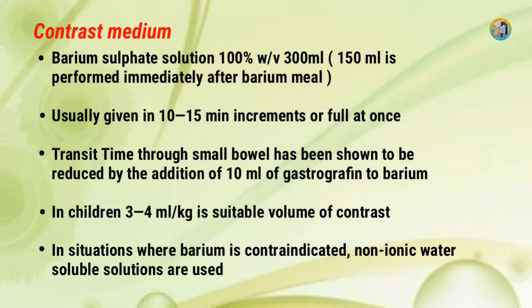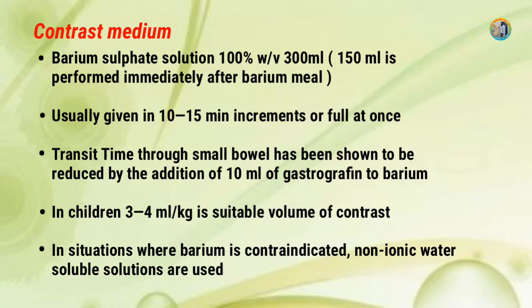Contrast medium: barium sulfate solution, 100% water volume in 300 ml, or 150 ml if performed immediately after a barium meal, usually given in 10 to 15 minute increments or all at once. Transit time through the small bowel has been shown to be reduced by the addition of 10 ml of Gastrografin to the barium.